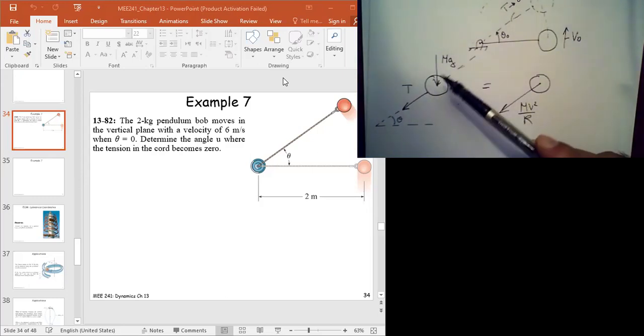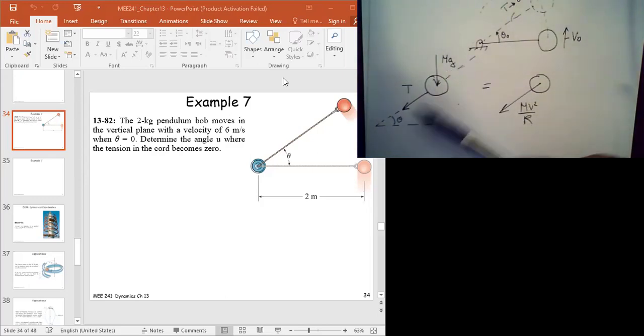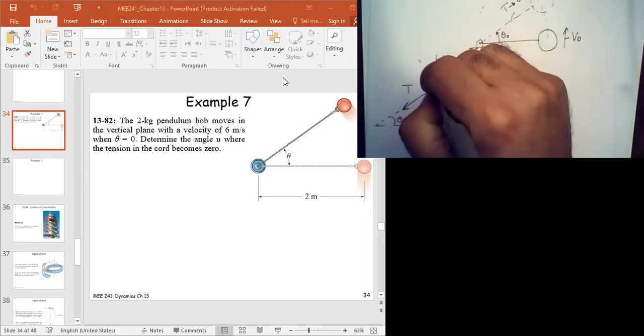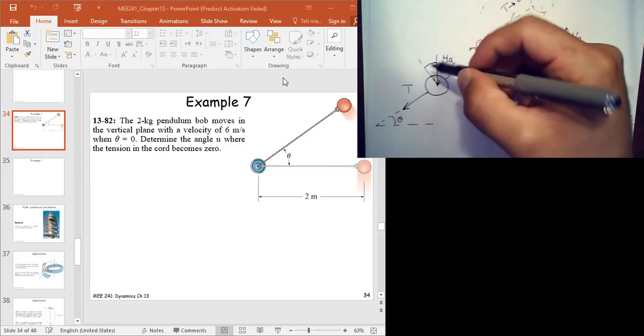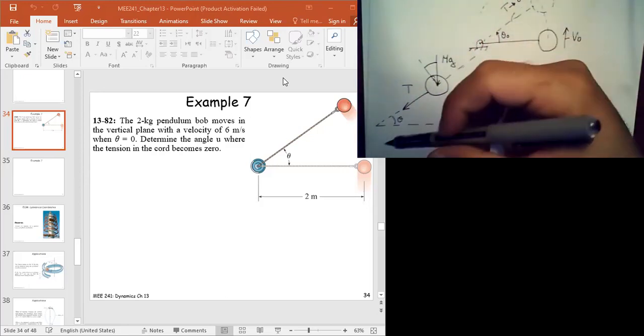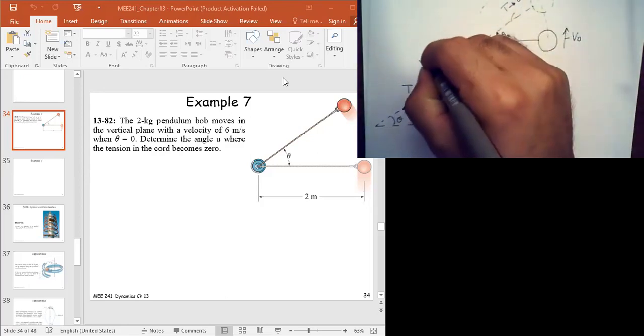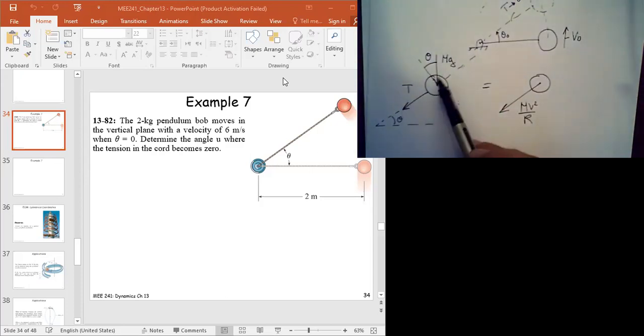So T plus mg, for example, whatever that angle is. This angle here is equal to what? It's theta. Exactly. So T plus, let's say, mg sine theta has to be equal to mv squared over r.